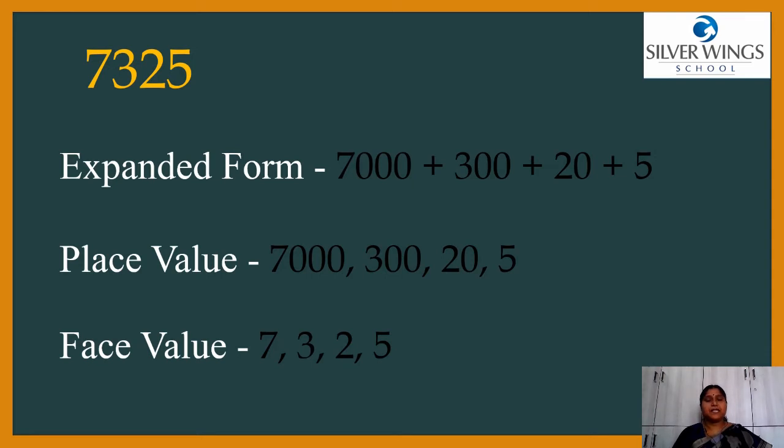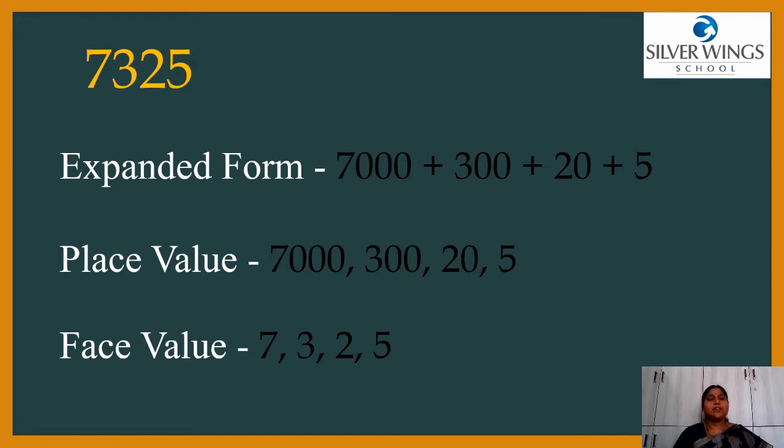The extreme right first place is ones place. Before that, that place is tens. Before the tens place, that place is hundreds. Before the hundreds one is thousands. Okay, ones, tens, hundreds, thousands.